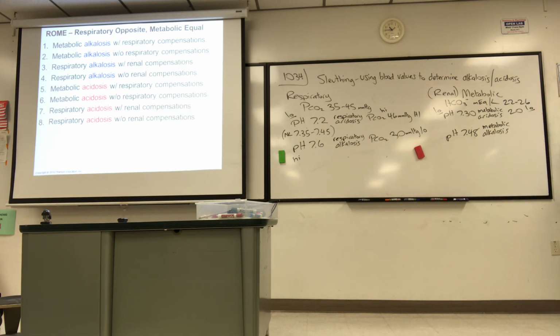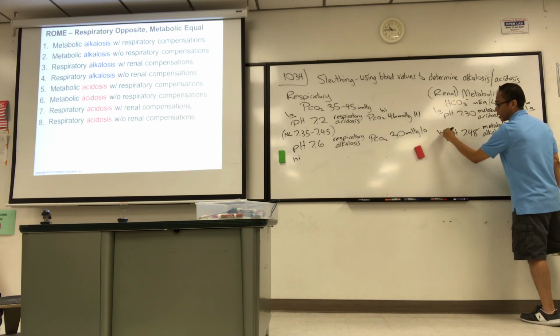If the pH is too high, you'd expect the base to be too high, say 28. So high, high.